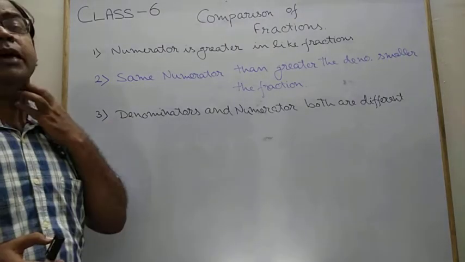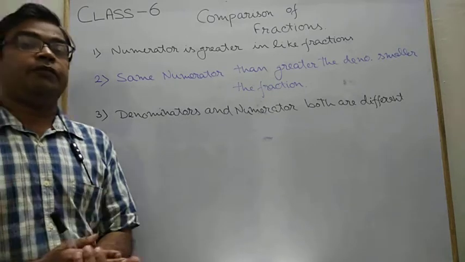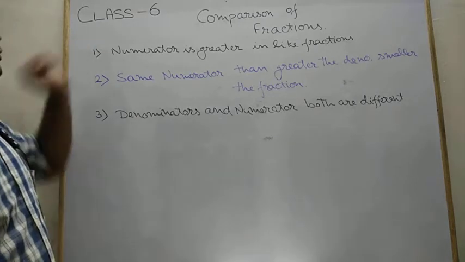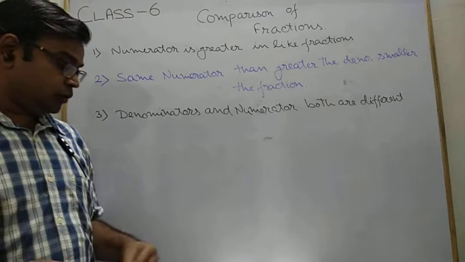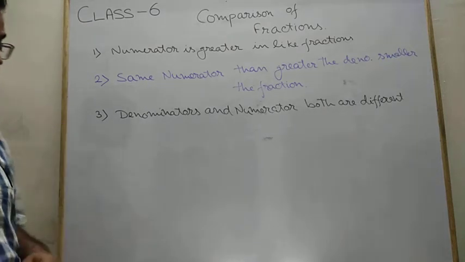In this case we have to convert them into like fractions, and when we are able to convert them into like fractions, then we can follow the first point. So I'm going to discuss some examples.